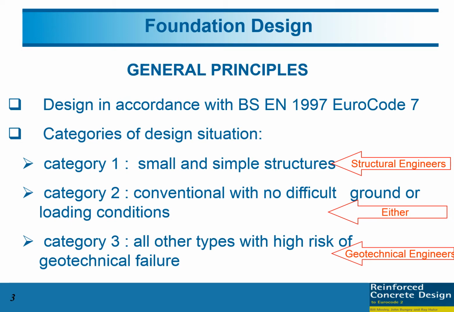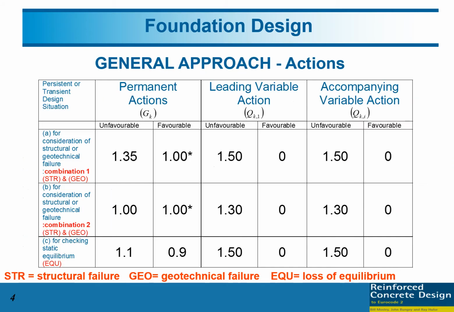But for category 3, for example, other types of building with high risk of geotechnical failure. For example, when you build a building near a slope, you need to check the slope stability. And also, for example, if you want to build the building with thick clay underneath, you need to check the settlement of the soil under the building. So this can be done by a geotechnical engineer.